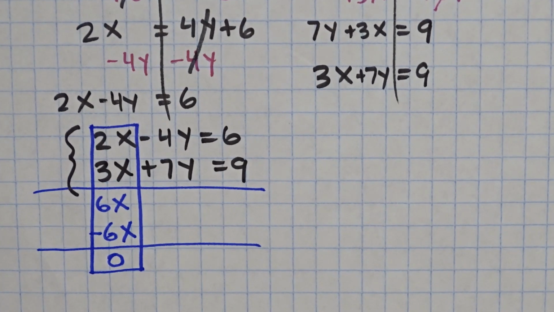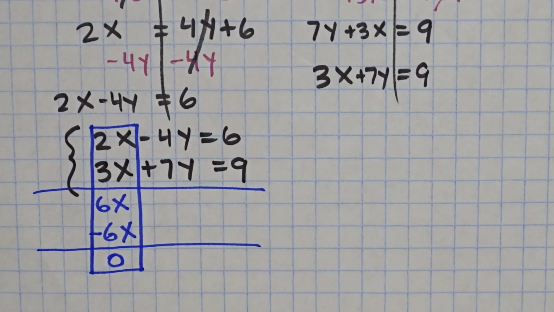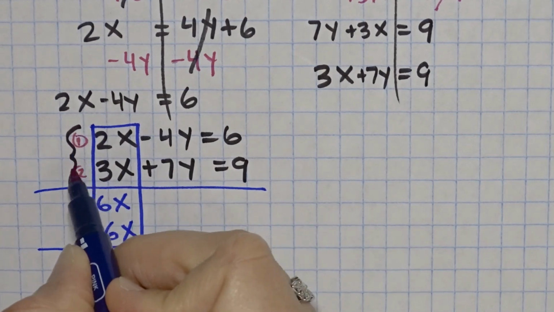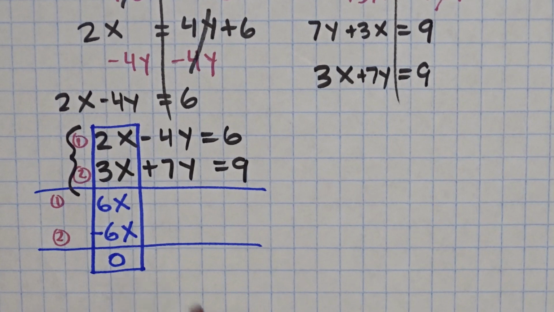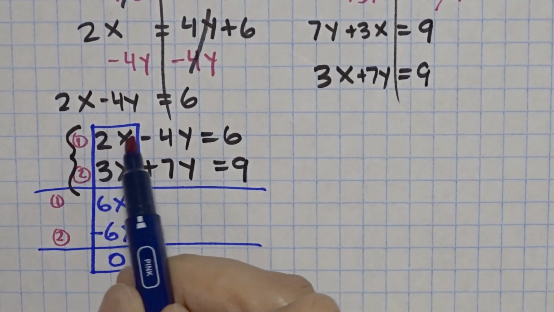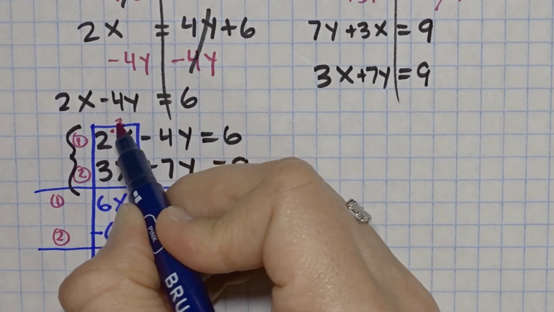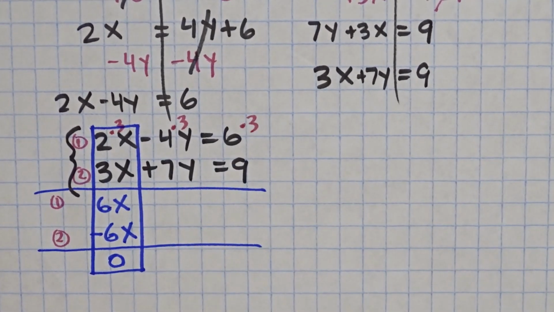So now that I made my wish, I got to make that wish come true by changing the equations. So, equation number 1, equation number 2. In equation number 1, how did this 2x become 6x? It got to be multiplied by 3.